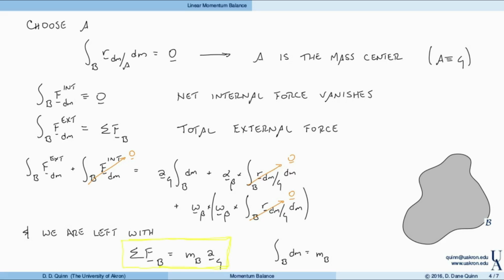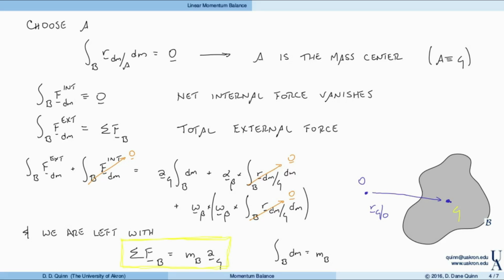Very simple. It looks like the equation for linear momentum balance that we had for a particle. The only difference now is that here the acceleration is a specific point, and it's the mass center of the object. So we have a point O, an origin fixed in the ground, and I want to find the acceleration of the mass center, right? So now this is the position of the mass center with respect to the origin.